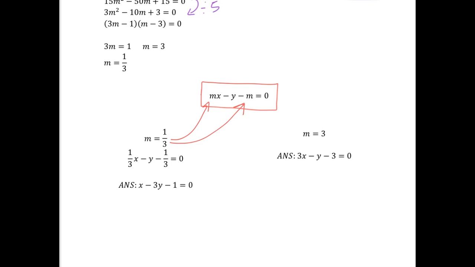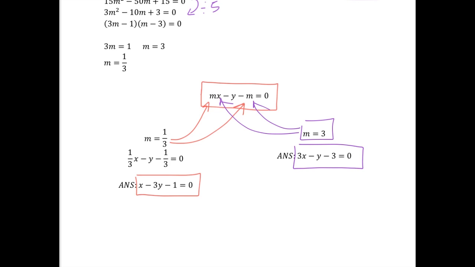Multiplying everything by 3 just to make it a little bit neater, our tangent line is x minus 3y minus 1 equals 0. If we instead do m is equal to 3 and fill it in instead of m, we get 3x minus y minus 3 equals 0. And these two equations here are our answer to this question.